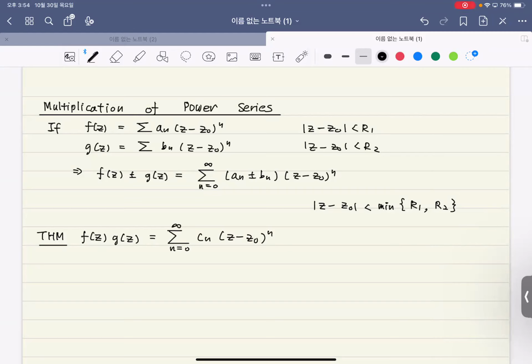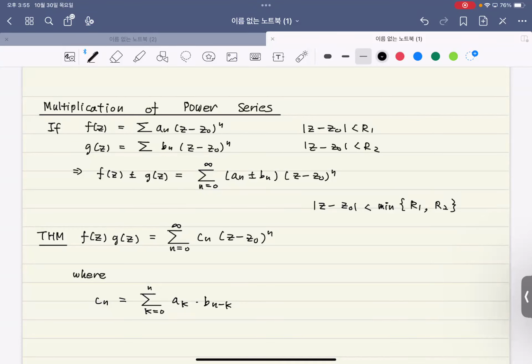And in this case, the coefficient Cn is the sum from k equals 0 to n of a_k times b_(n minus k).